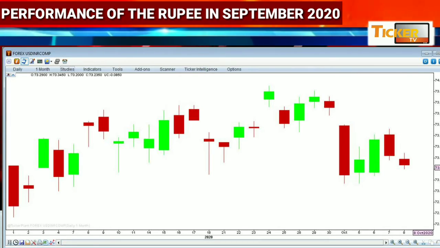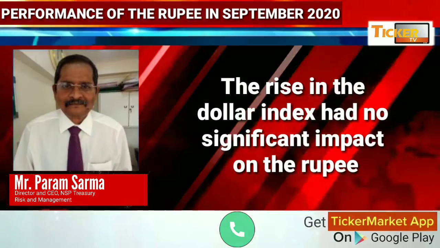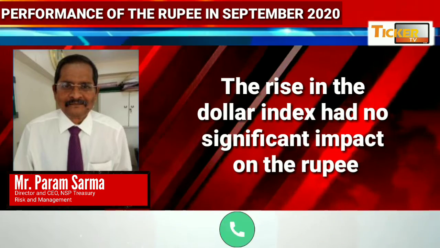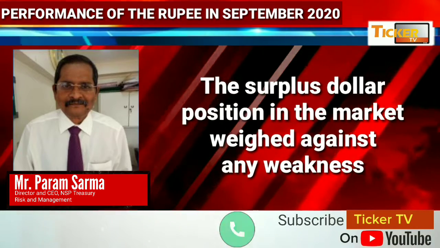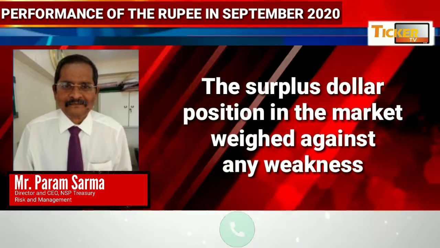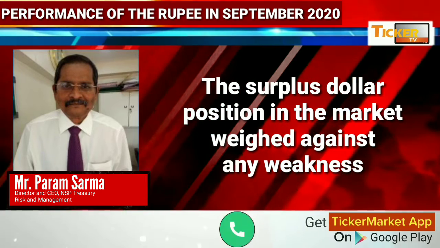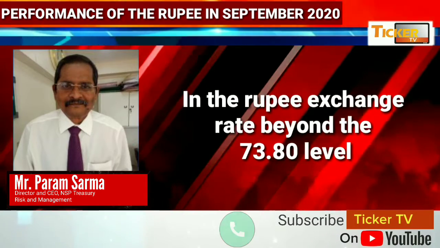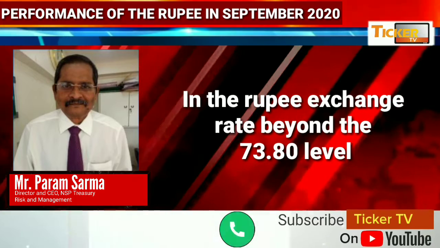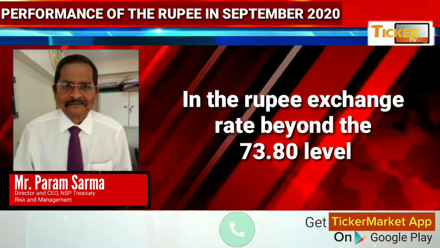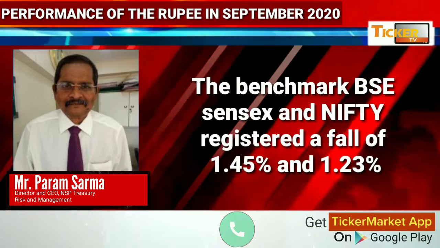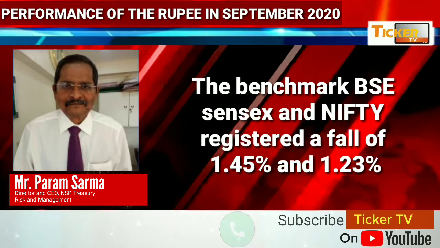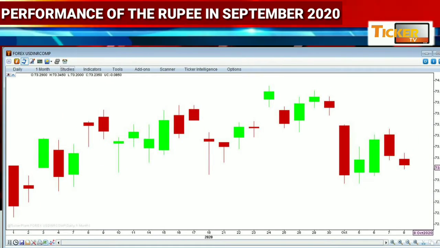The rise in the dollar index had no significant impact on the rupee as the surplus dollar position in the market weighed against any weakness in the rupee exchange rate beyond the 73.80 level.